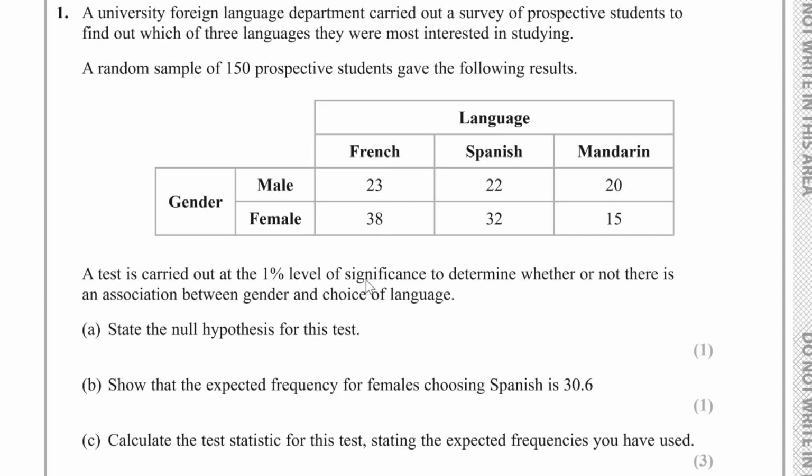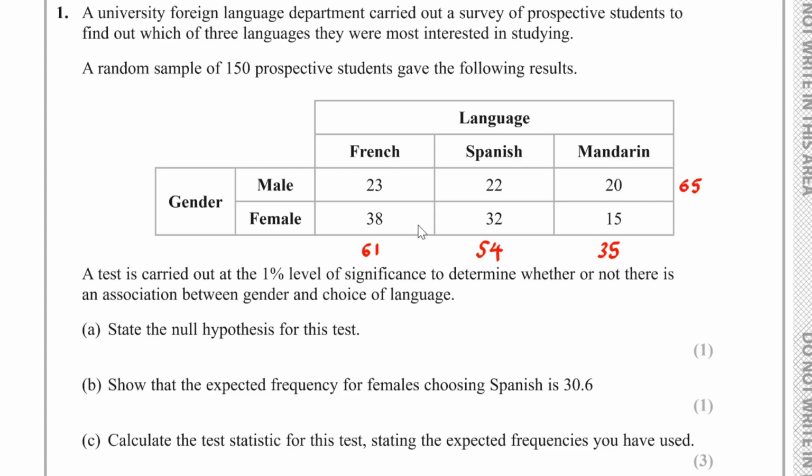We'll do this in a different colour, we have 61 here. 22 plus 32, that's 54. 20 plus 15, that's 35. 23 plus 22 plus 20, that would be 65.